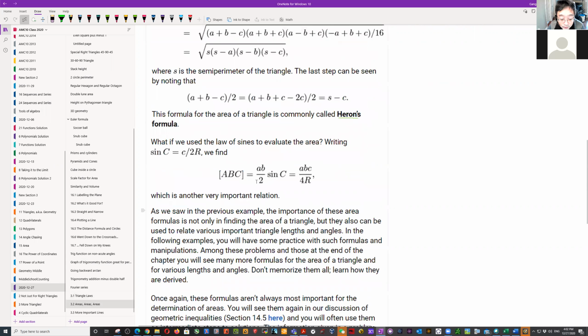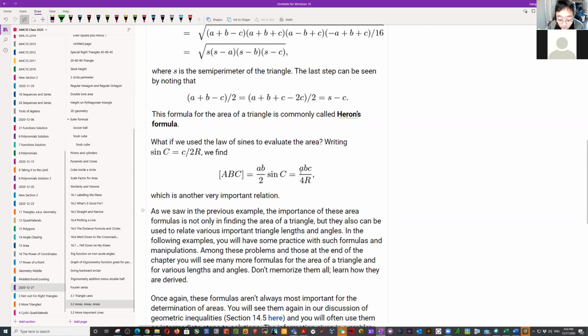So with the sine law, we replace sine C with c and R. Then we produce the area of ABC: the product of all three sides divided by 4 times the circumradius.